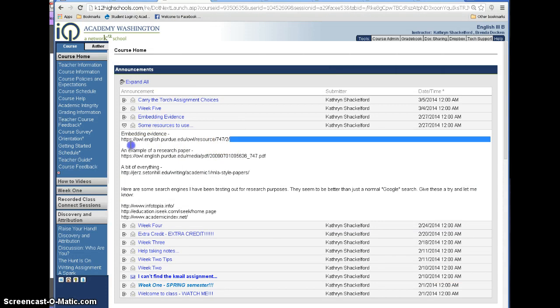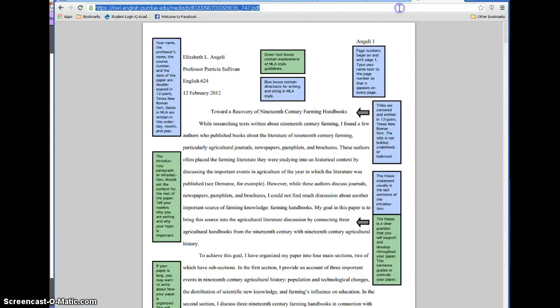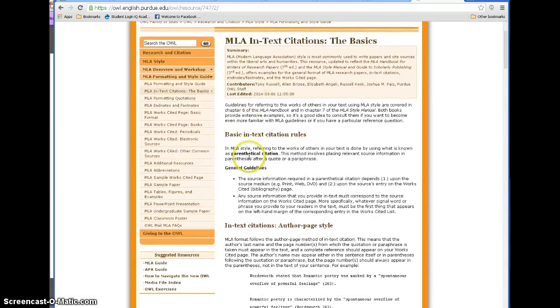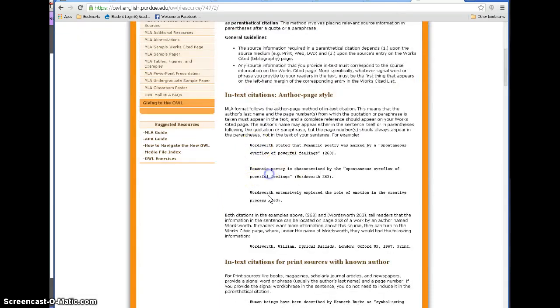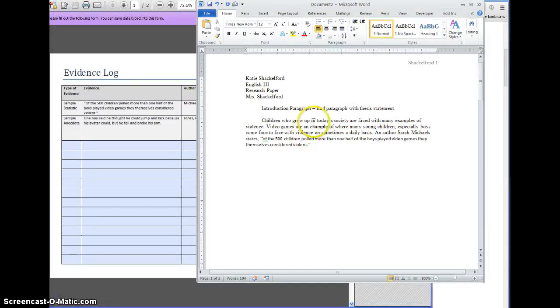And like I said, this resource right here is going to show you the different ways that you can do it. Honestly though, if you're just starting out and you're totally new to embedding evidence and you want to make sure you do it right, for right now, I would copy it directly so that you get practice doing it this way.